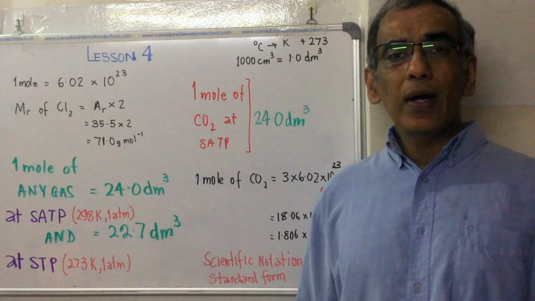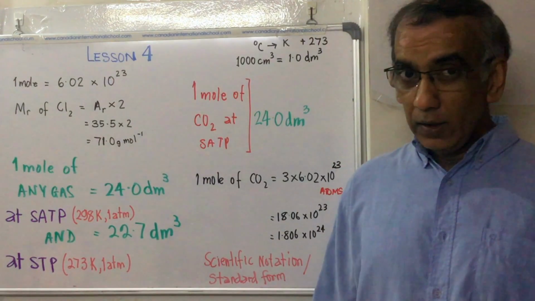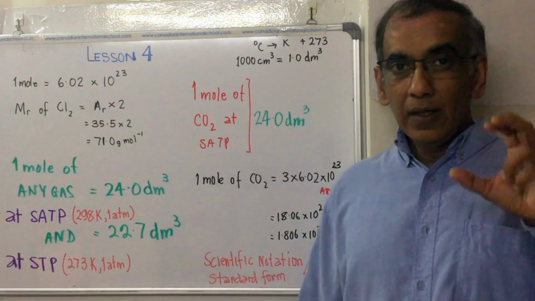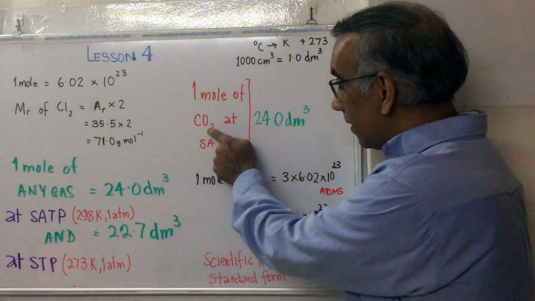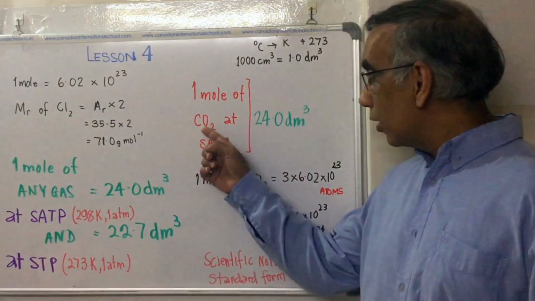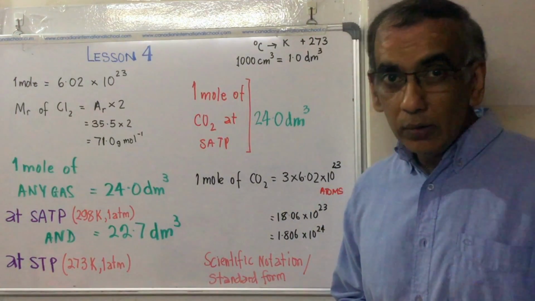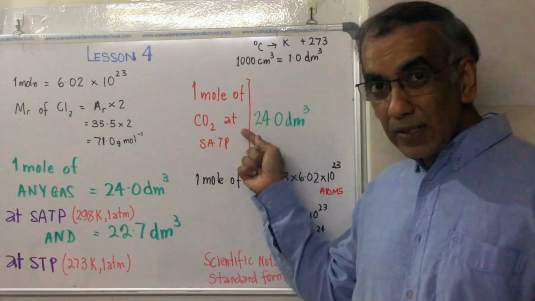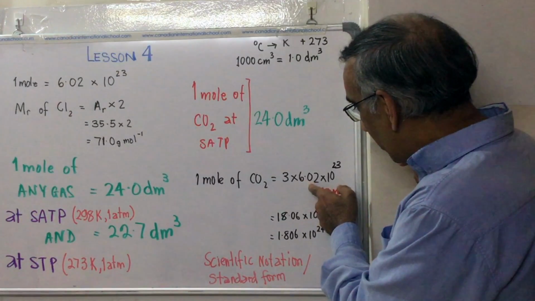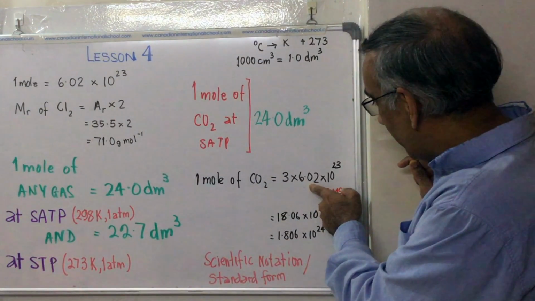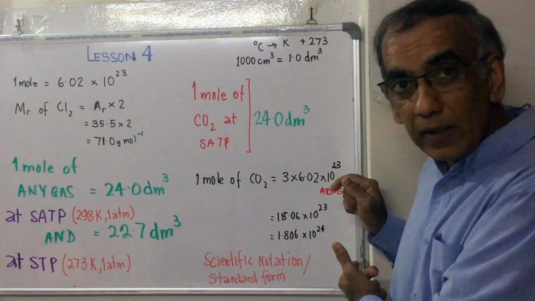But if I then asked how many atoms you have in that 1 mole, you'll have to bear in mind that a mole of CO2 is made up of a mole of carbon dioxide molecules, and each carbon dioxide molecule is made up of 3 atoms. So you then have to multiply 3 by Avogadro's number, and that would give you 18.06 × 10^23.